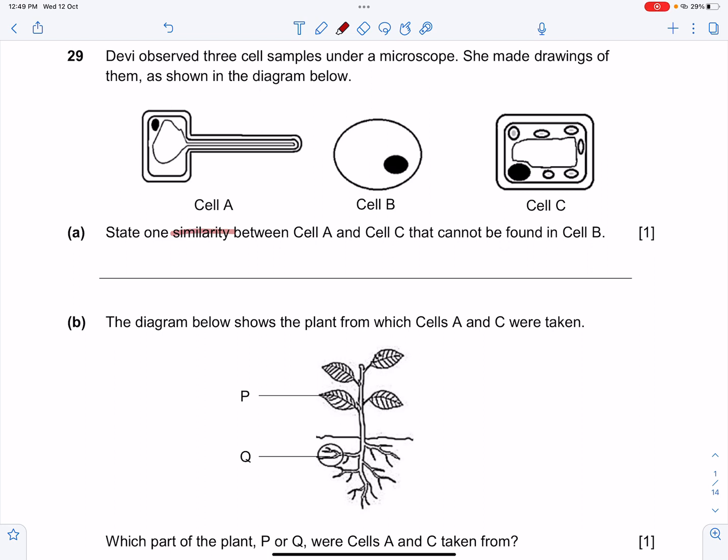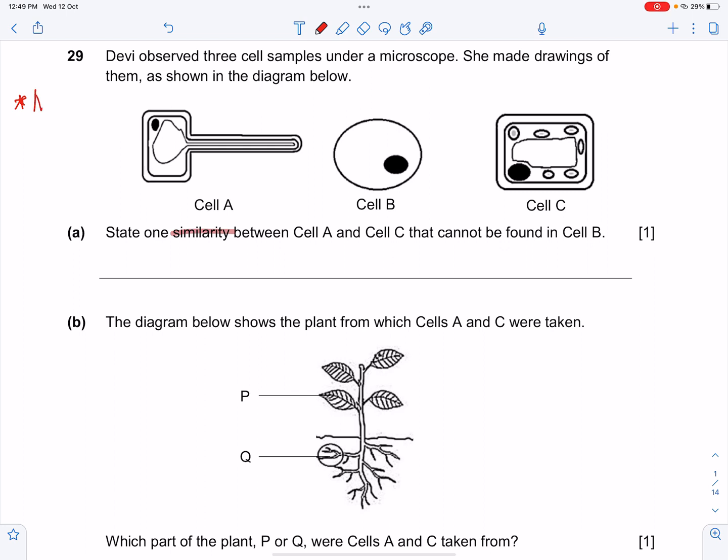So here's the trick. There are a few things that have to be found in all cells. Okay, but however, in this case, it cannot be found. Now, what are some things that have to be found in a typical cell? Typical, I'm not talking about specialized cells.